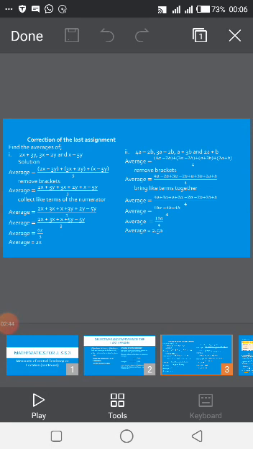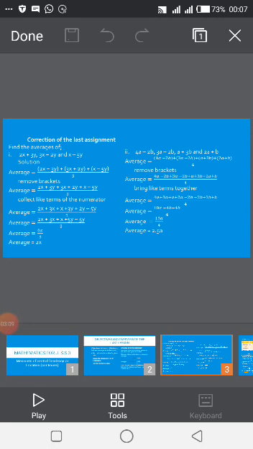Combining them, you have 6x plus 5y minus 5y. The 5y subtracts 5y, so you are left with 6x all divided by 3. And then the average is 2x, which is the answer.